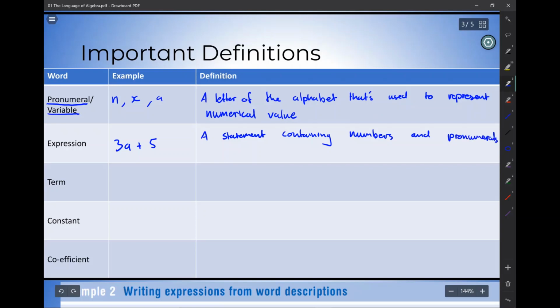Now, a term is the word we use for the individual parts of an expression. So 3a is a term in this expression, and 5 is also a term in this expression. Terms are the parts of an expression.